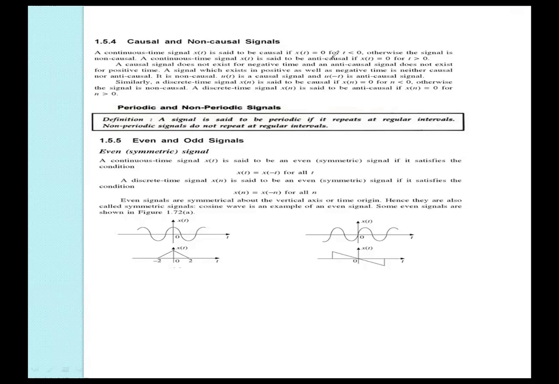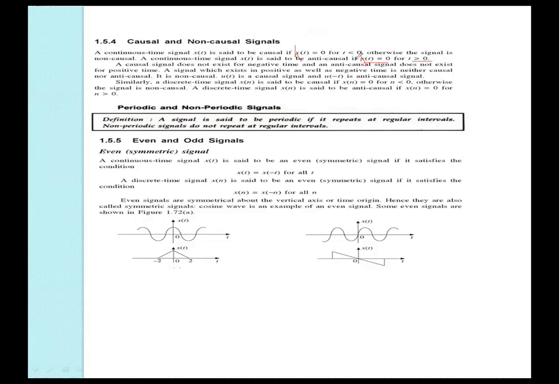So, a little bit of confusion. If x is the input signal, then if the input is 0 you get the output; this we can write as the impulse response h of t. H of t is equal to 0 for t less than 0. A continuous time signal x of t is said to be anti-causal if x of t is equal to 0 for t greater than 0, the opposite. We said it is causal when h of t is 0 for t less than 0.